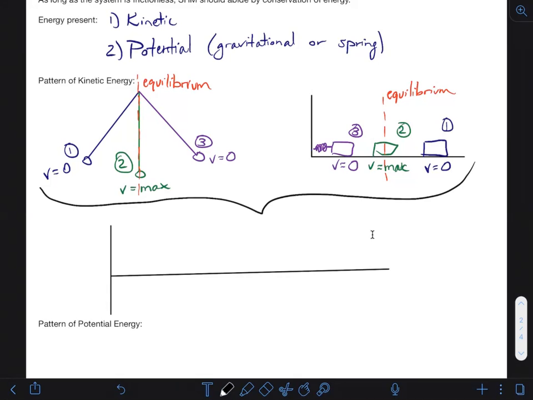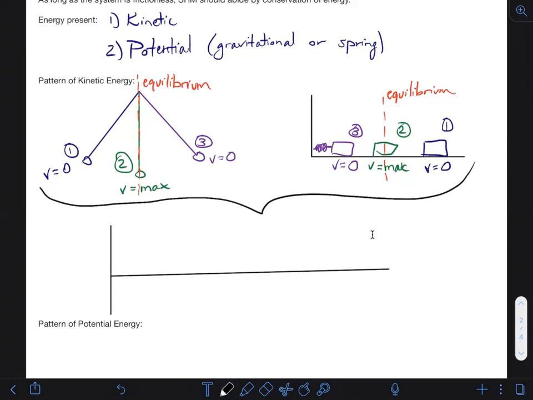So as time goes on and as we oscillate and go back and forth and back and forth, what does this speeding up and slowing down really make our kinetic energy look like? Starting with that pull to position 1, we are not moving, and thus we would expect that there is no kinetic energy.